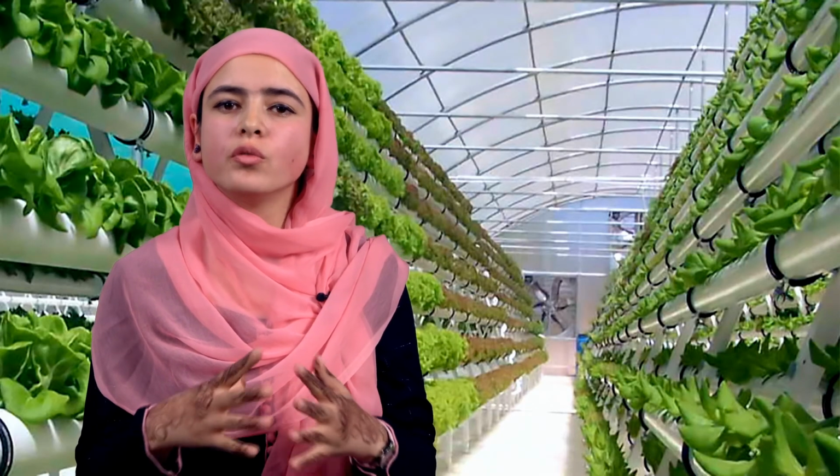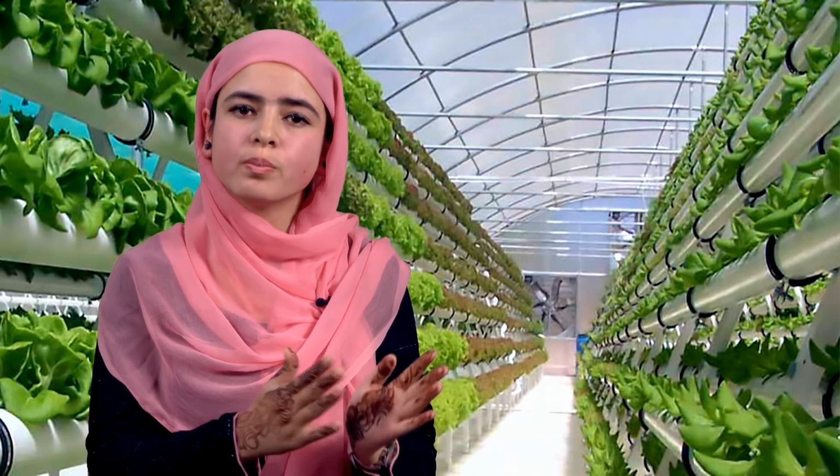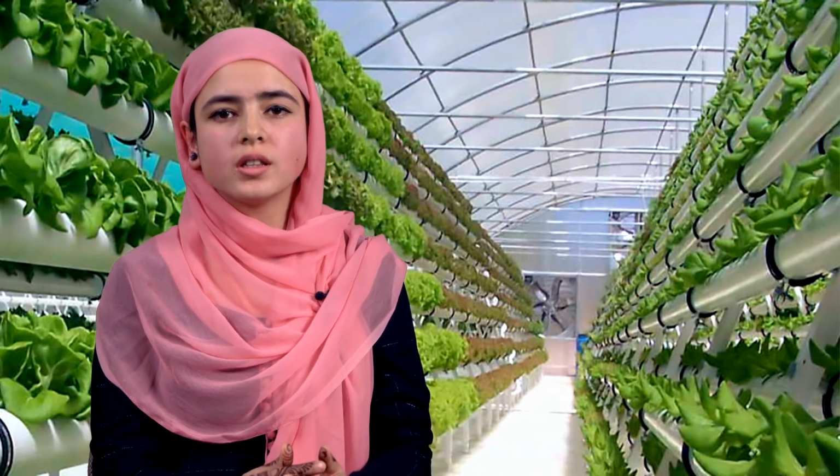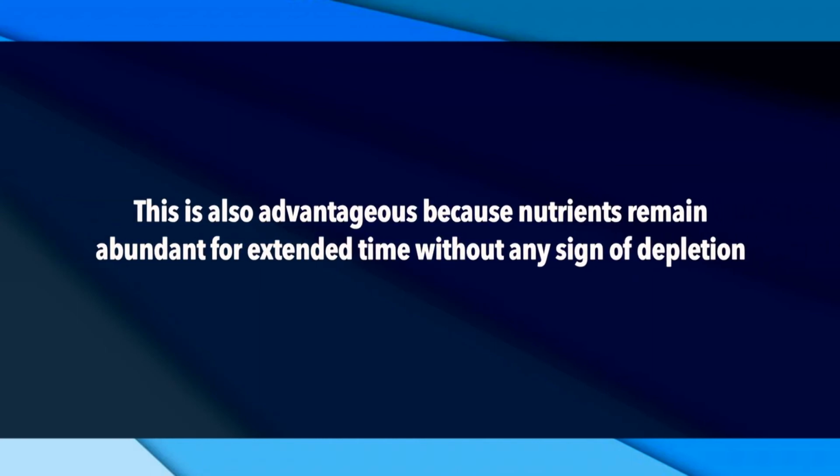Such high levels of nutrients permit plants to grow vigorously as compared to plants which are grown in the normal soil. This is also advantageous because the nutrients remain abundant for extended time without any sign of depletion.